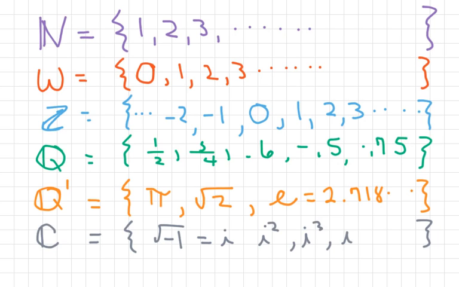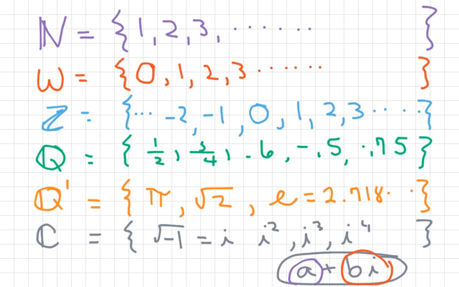And that's your complex numbers. Now the reason I bring this up, let me talk about this real quick. So in this case, when you see a plus bi, a is the real component, and the bi is the complex component.